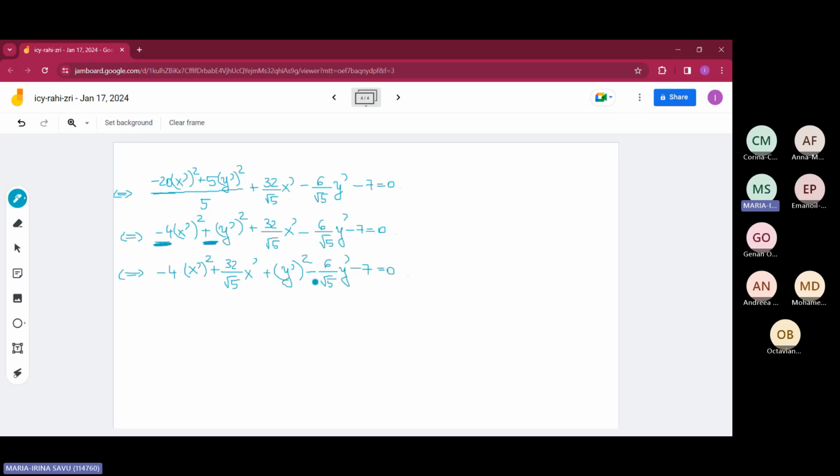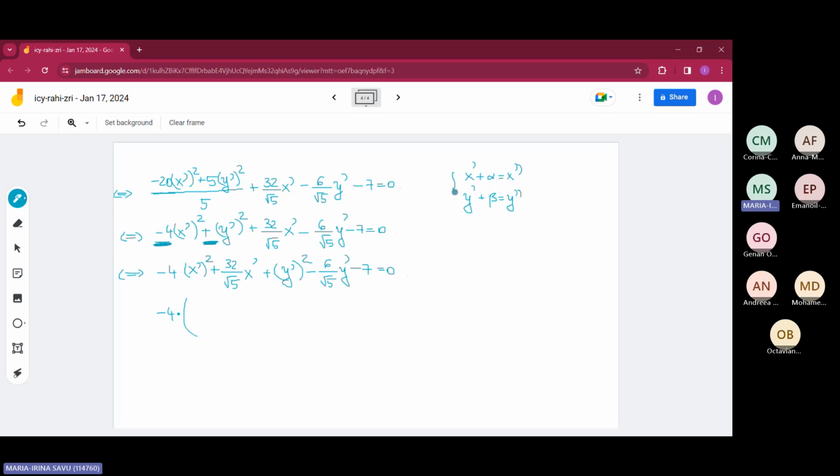Now pay attention to the following fact. If you have a coefficient which is not 1, you have to factor it out. So you have to write that coefficient in front of a bracket because you need to make a translation in the end. And the translation has the form x prime plus alpha equals x double prime and y prime plus beta equals y double prime.